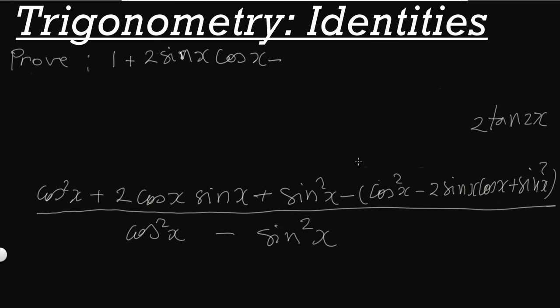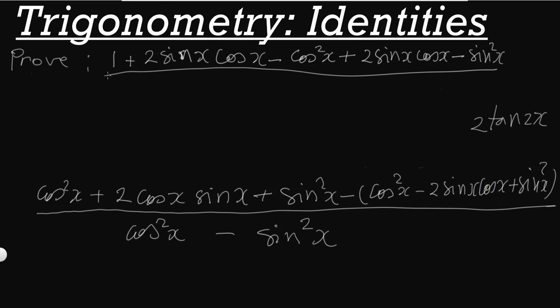Now, if we multiply here, it will be minus cos squared, and here plus 2 sin x cos x, and then minus sin squared x, all over.